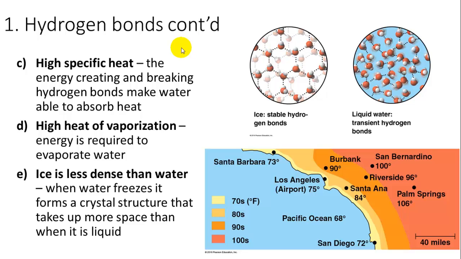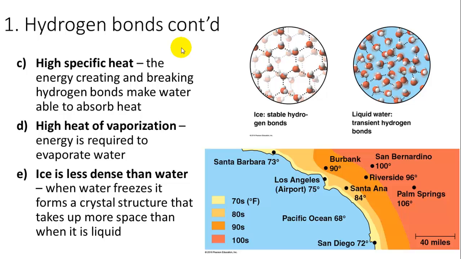A kind of interesting phenomenon that doesn't occur in other liquid and solid comparisons of compounds is that ice, when it freezes, is less dense than water. Now, everything else, when it becomes colder and colder and then starts to freeze, actually becomes more dense and smaller.